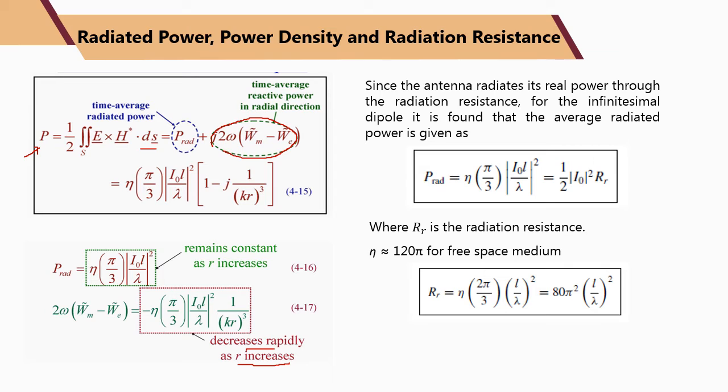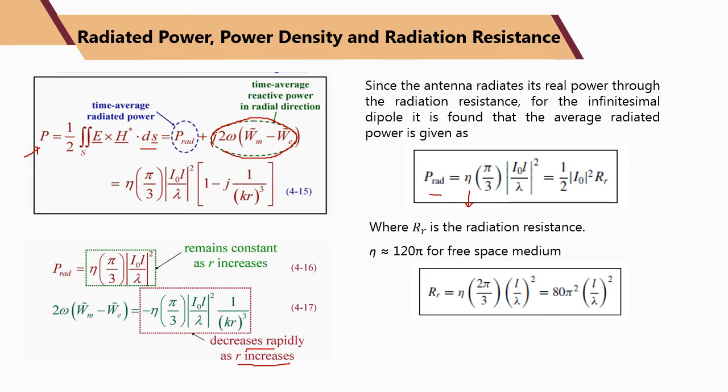Since the antenna radiates its real power through the radiation resistance, for the infinitesimal dipole it is found that the average radiated power P rad can be simplified by using this equation, in which the intrinsic impedance is equal to 120 pi for a free space medium. But if it is not free space, you need to consider the impedance of the medium.